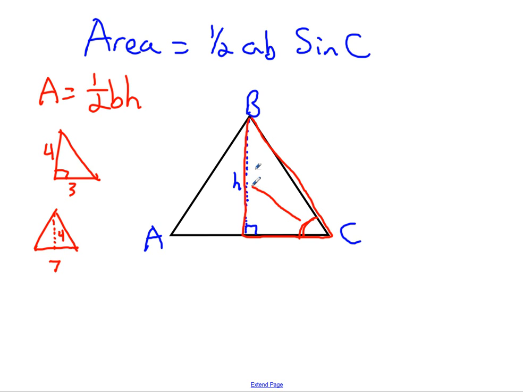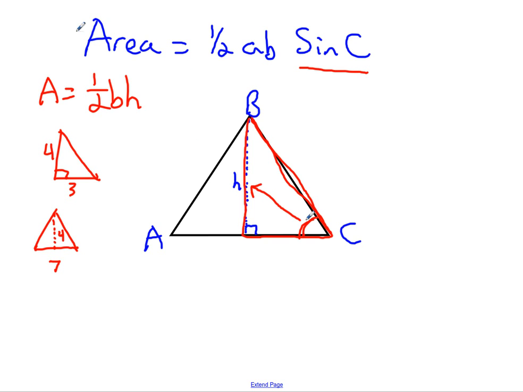This would be the opposite side in relation to angle C, and this would be the hypotenuse in that right triangle. So the trigonometric ratio that's involved here with the opposite side and the hypotenuse is the sine. So we can use sine to help us to calculate what that height would be.